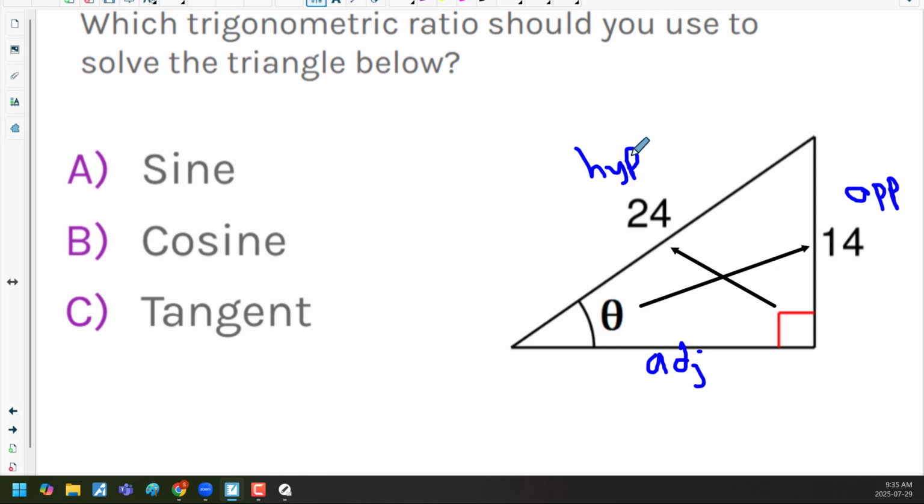But we do know opposite and hypotenuse. So that means only one of these formulas for these trig ratios will work. What do I mean by that? Let's start with tan. We know tan theta is equal to opposite over adjacent. We know opposite is 14.